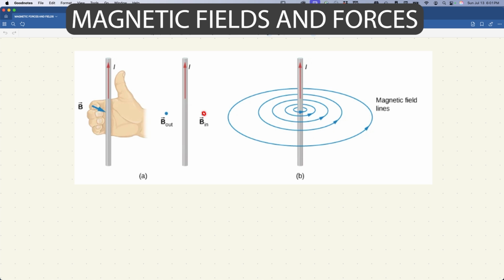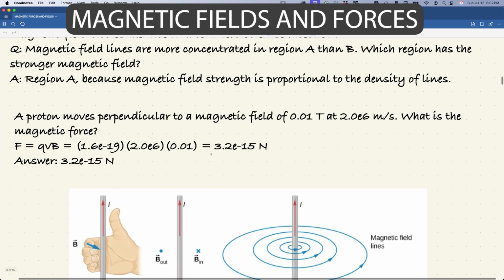And on the right side, obviously it's going into the page. That's represented by an X. It's like you're seeing the back of an arrow. Here you're seeing the tip of the arrow. This again is very important as conceptual questions. Okay, I hope that makes sense.